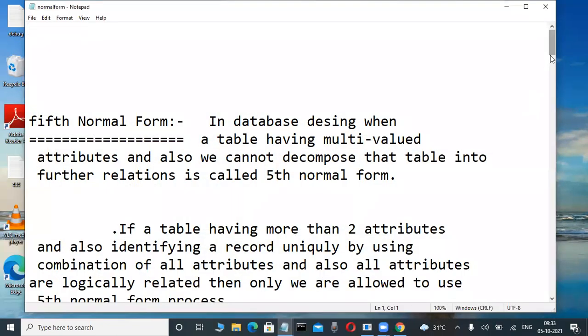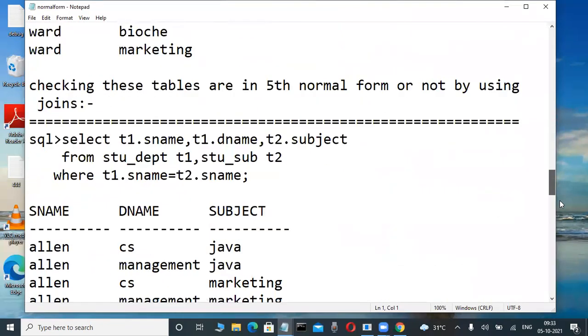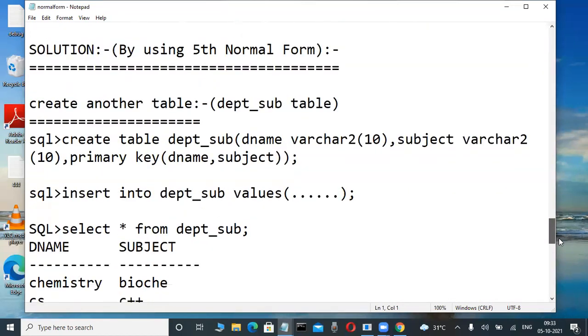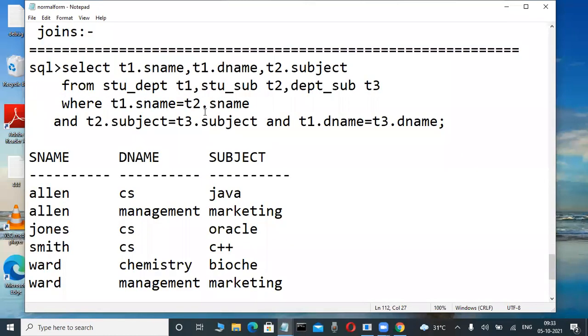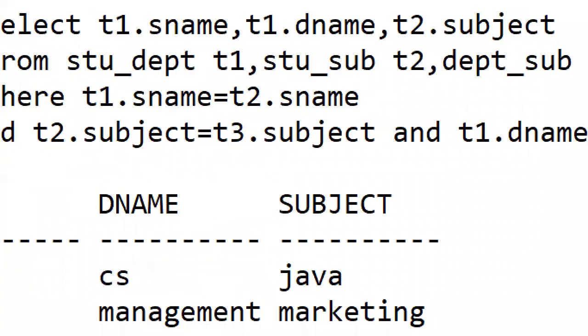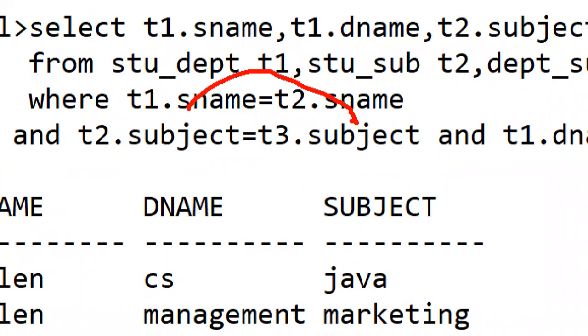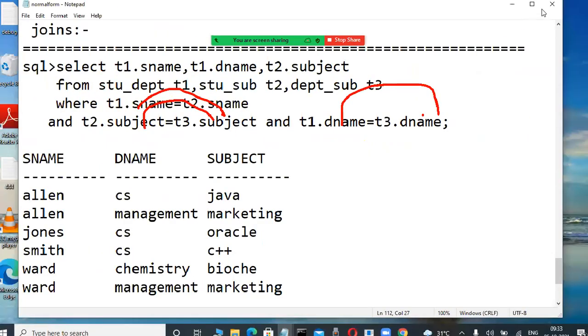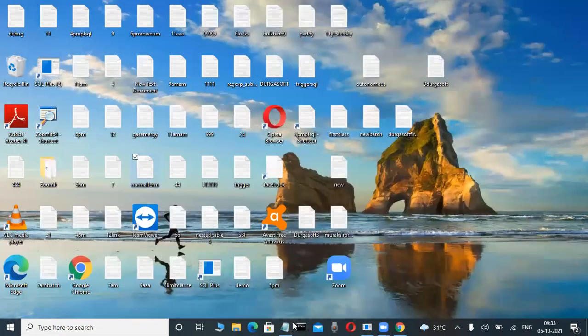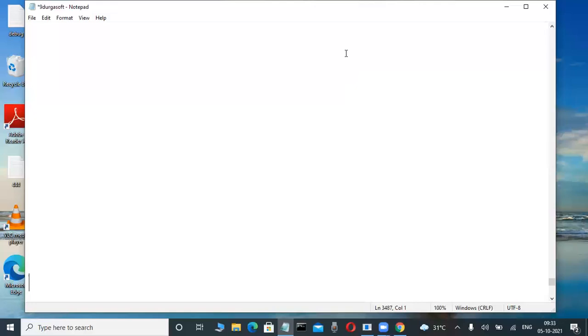Suppose there are things like fifth normal form in the future. In that case we are joining more than two tables like this. Observe it here. Based on a common field, we write some conditions like this. Now, how are we joining more than two tables?